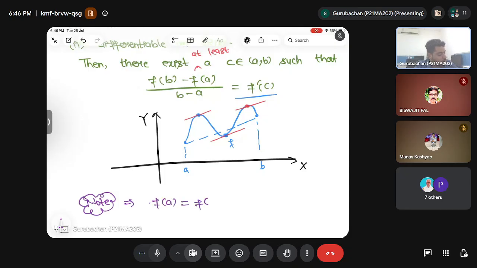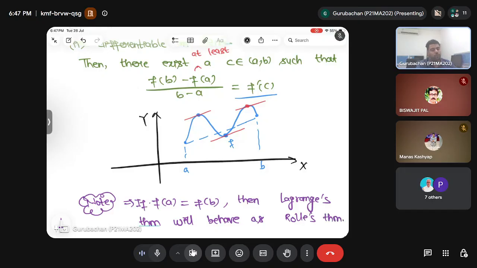If f of a is equal to f of b, then this will reduce to Rolle's theorem. So then the Lagrange theorem will behave as Rolle's theorem.